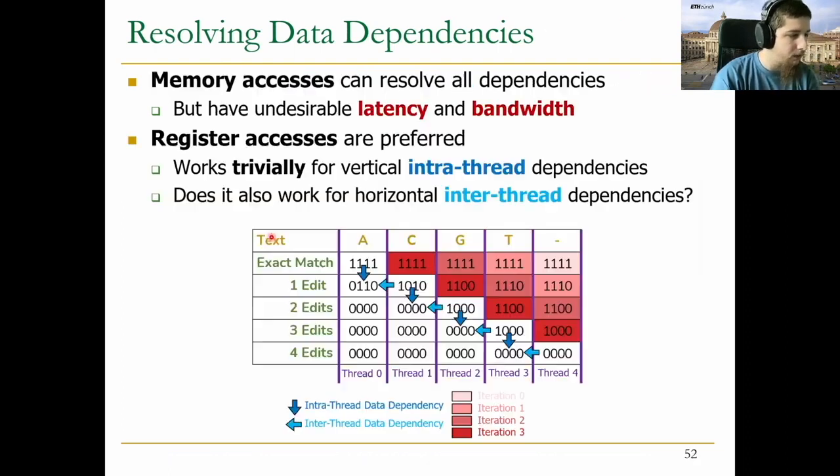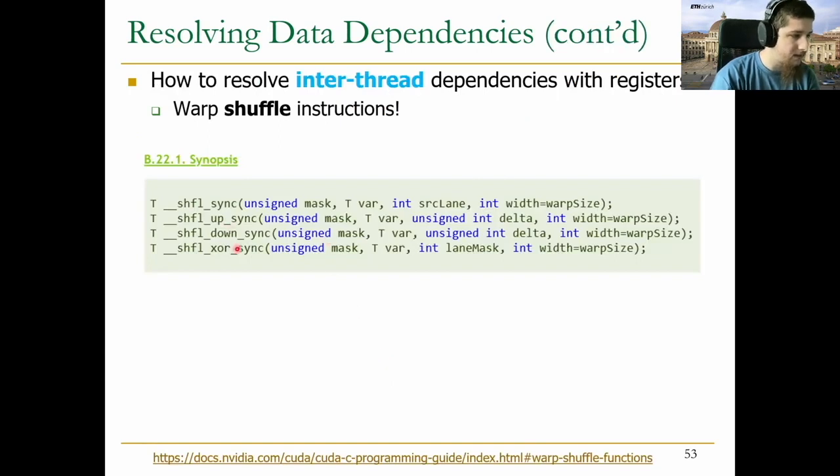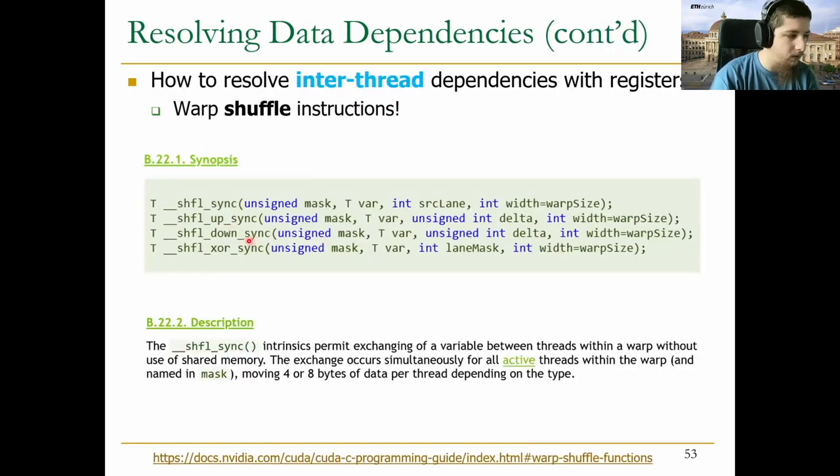So we shuffle values down by 1. Down means from a higher thread index to a lower thread index. And this shuffle instruction can do exactly this. By its description, it permits exchanging a variable between threads of a warp without the use of shared memory. So this is exactly what we need.